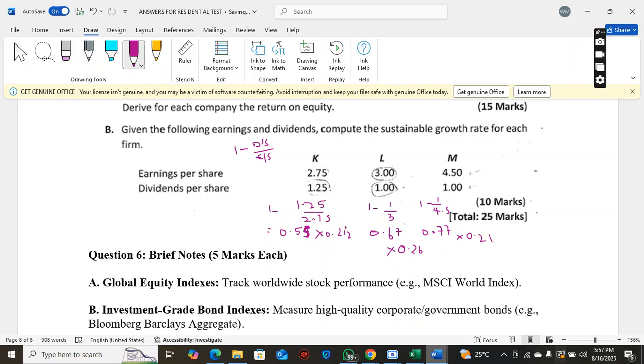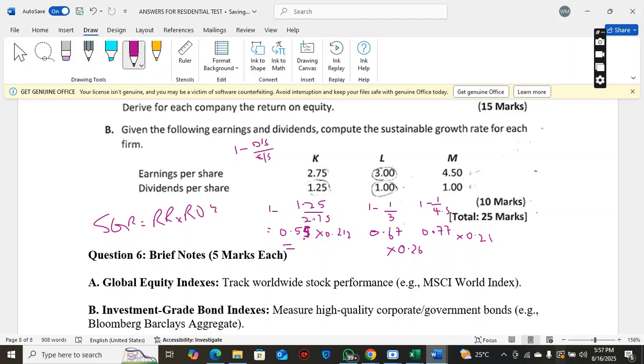Yes, 0.55 times 0.212. SGR is the retention ratio times return on equity. So we got our retention ratios already.